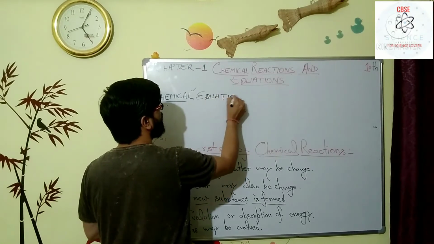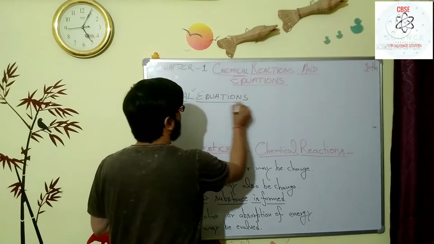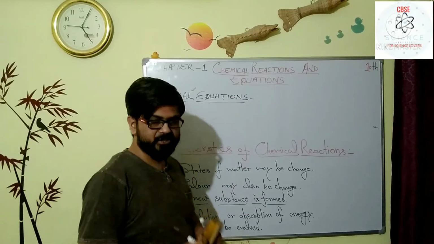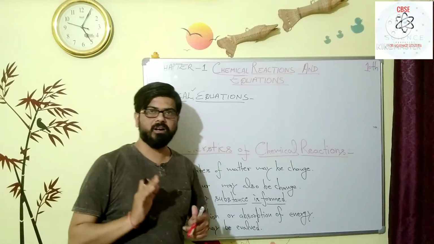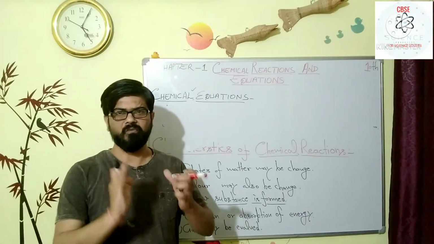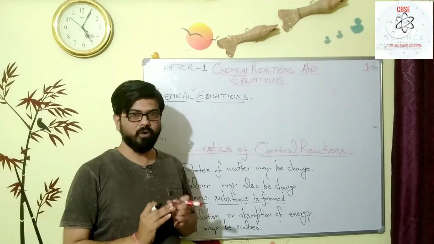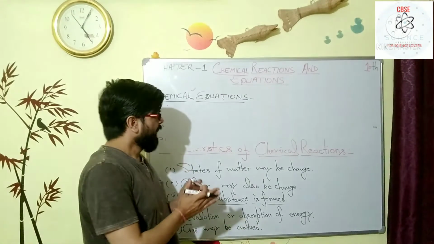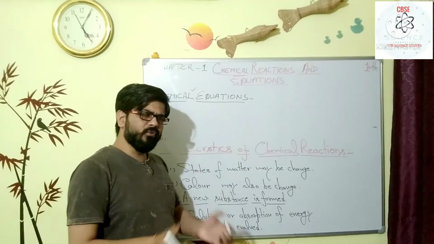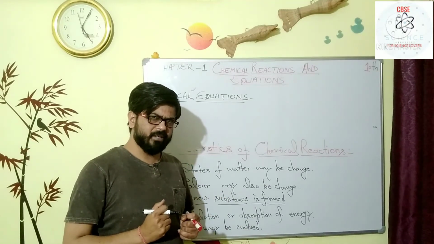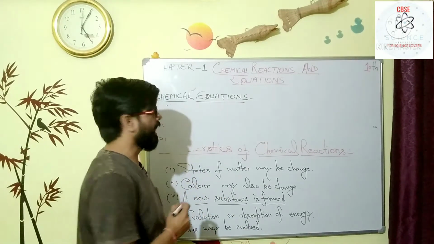So chemical equations are the short or convenient representation of a chemical change. How? Just see, I am saying that if you burn the magnesium ribbon, then what will happen?